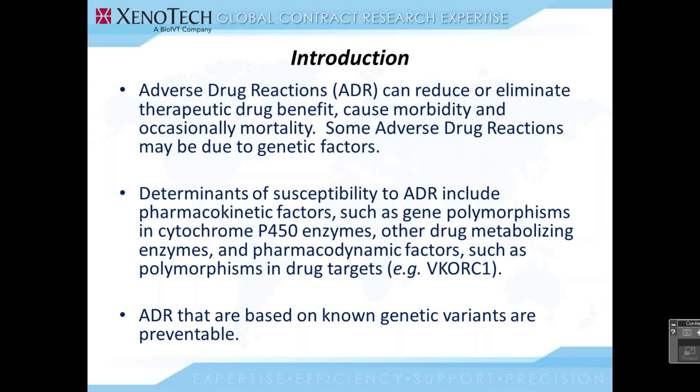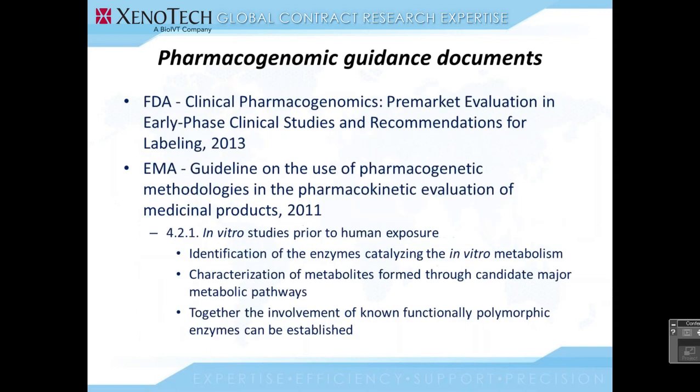We think that adverse drug reactions that are based on known genetic variants are preventable. Both the Food and Drug Administration and EMA issued pharmacogenomic guidance documents. The FDA has recommendations for early phase clinical studies, while EMA recommends in vitro studies prior to human exposure.